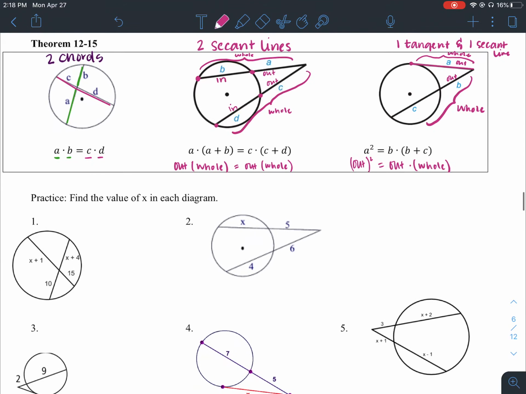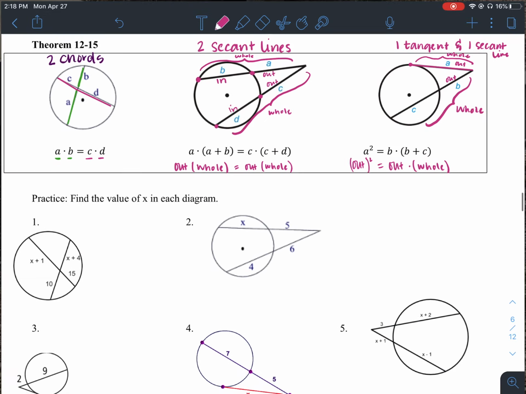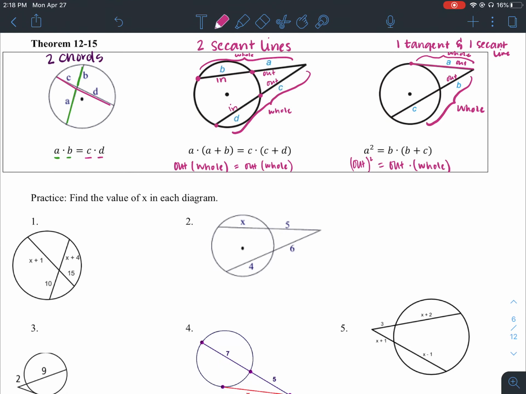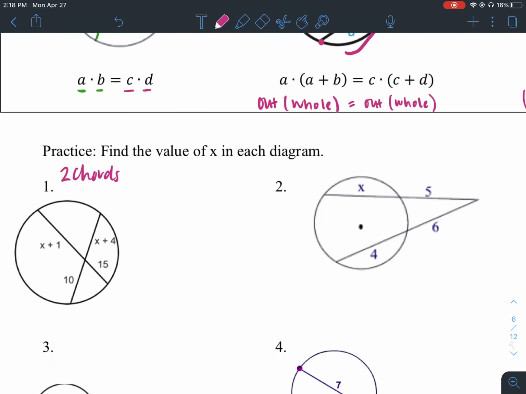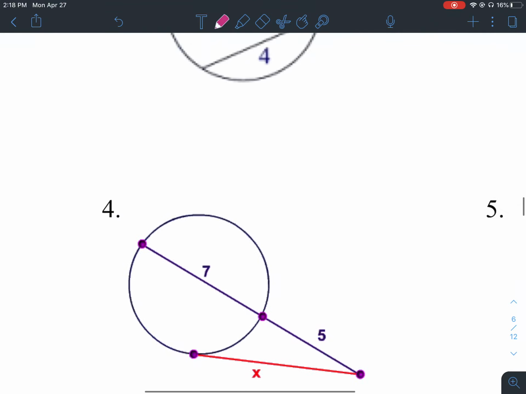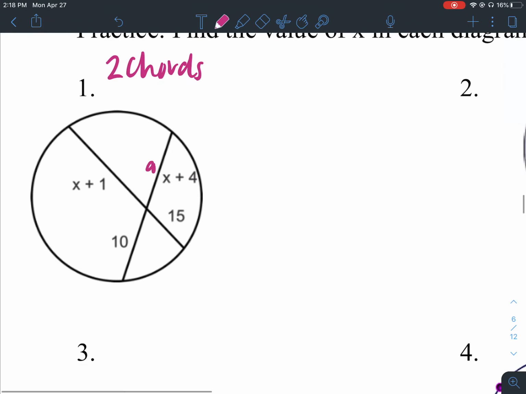So if I look at my first example here, this very clearly is matching my first. This is two chords intersecting. So what I'm going to do is I'm going to look at my pieces, and I remember A and B come from the same segment, C and D come from the same segment, and I can just label some.